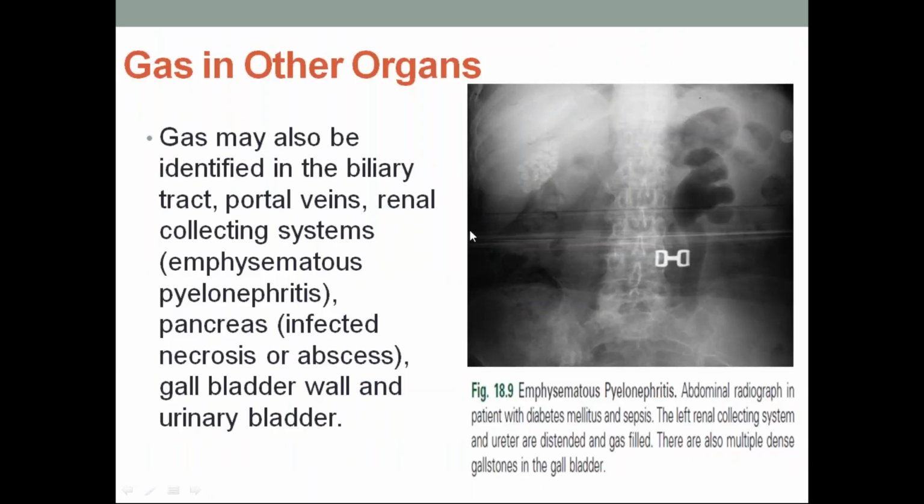And gas in other organs. Gas may be identified in the biliary tract and portal veins. I already told you previously about the biliary tract. In this area, actually, this is the gallbladder area. In this case it is completely filled with gallstones.